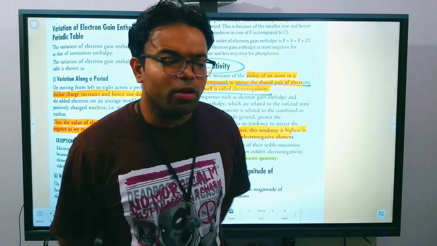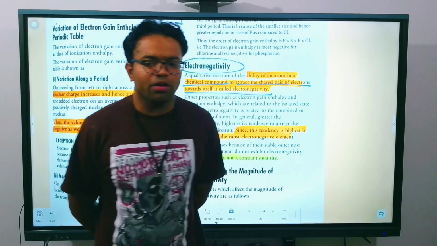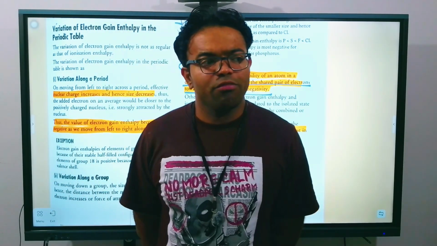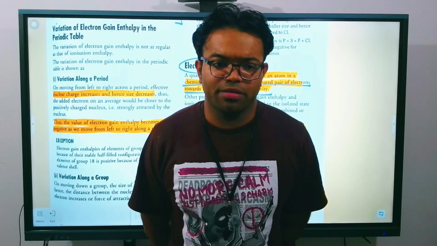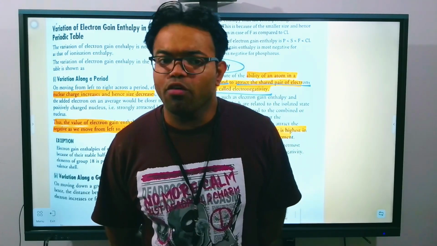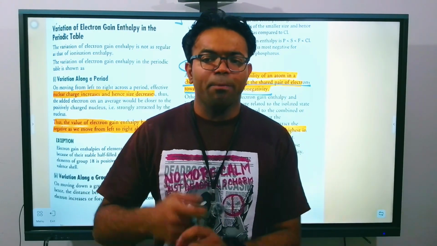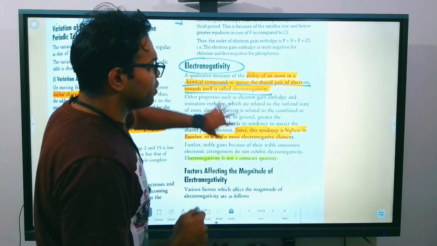But chlorine is a little bit selfish. Instead of following the agreement made during the formation of the chemical bond, chlorine tries to sneakily bring the electron pair closer to itself.